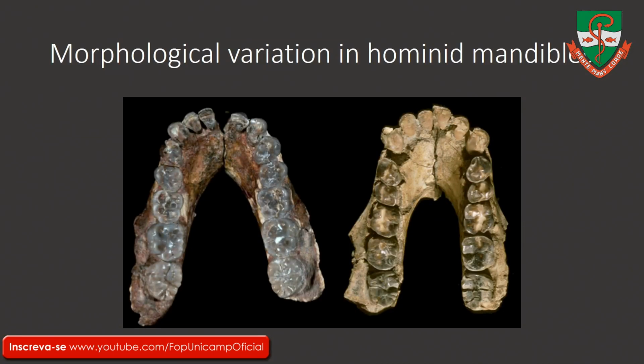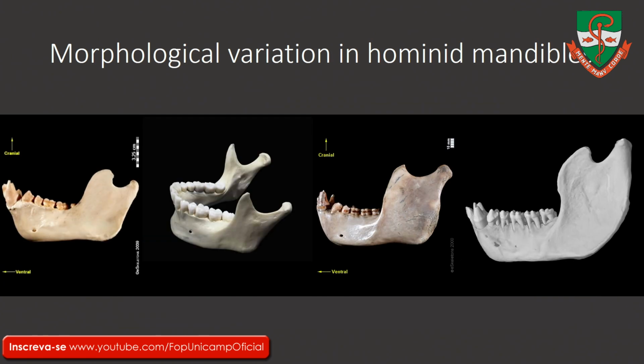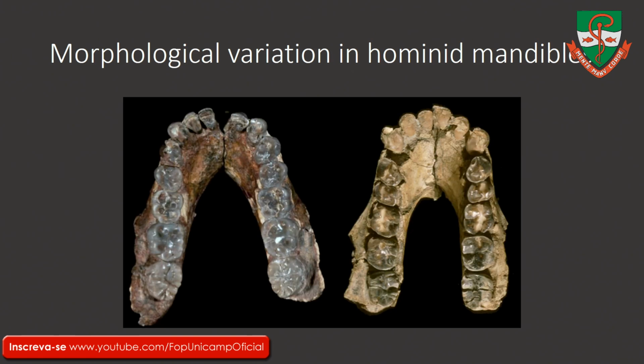And although shape differences such as tooth row divergence, symphyseal cross-sectional area, and slope have been well documented, for example, in East African fossil hominins like Australopithecus anamensis and afarensis, as we see here, the mechanical consequences of that variation is not well understood.